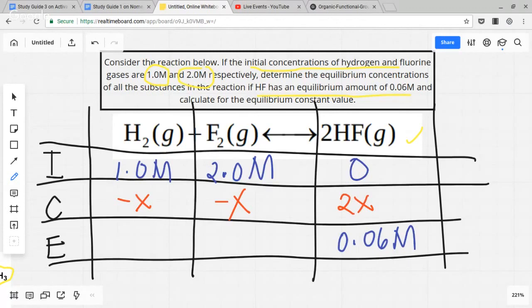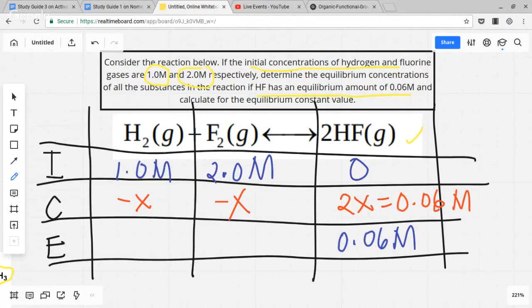Because we know the I and the E of HF, we can determine the difference of the two. So that means 0 and 0.06 is just equal to 0.06 molar. 0.06 molar is already equivalent to 2x. Don't ever change the 0.06. 0.06 is already equivalent to the 2x change.